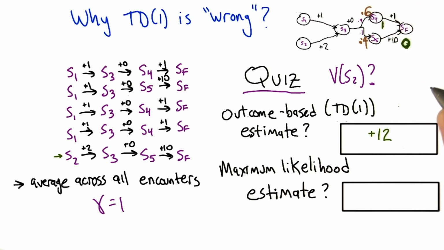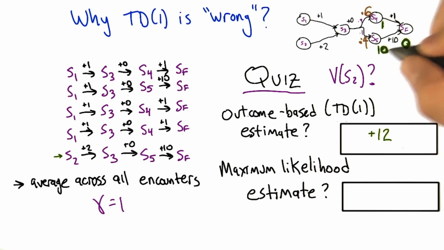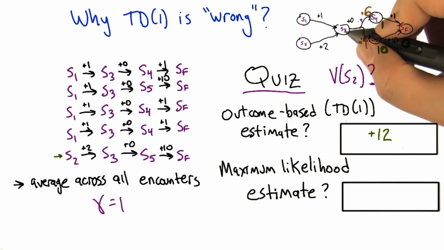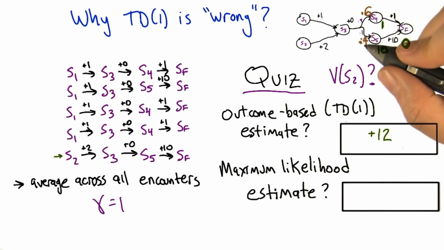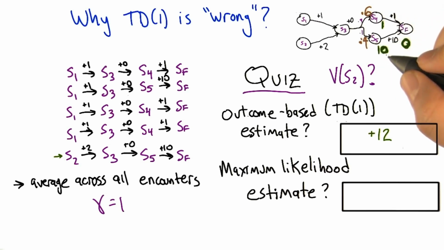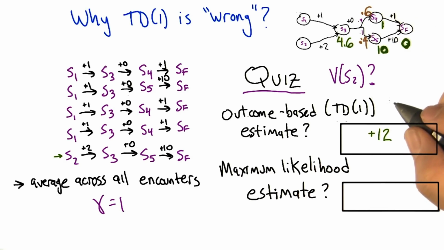And the value of S5 is 10 plus 0. And that's all actually correct. Thank you, determinism. Okay, so S3 then, 6/10 of the time we'll get a value of 1, and 4/10 of the time we'll get a value of 10. So that would be 0.6 plus 4, 4.6. That is indeed 4.6.